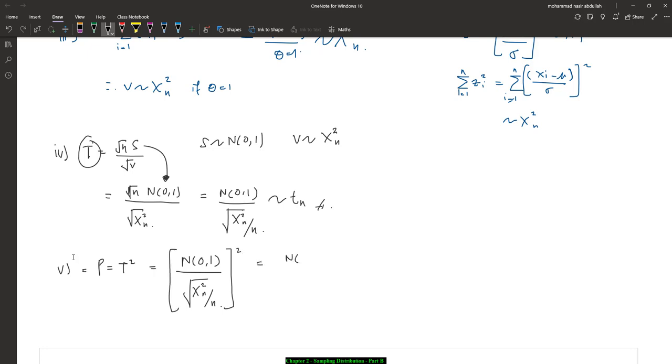So this one should be standard normal distribution squared over chi-squared with n degrees of freedom. So we know from theorem number 2, this one should be a chi-squared with 1 degree of freedom, right? So 1 divided by 1 tak tunjuk, tak apa. This is a chi-squared with n degrees of freedom. So this one should be F with 1 and n degrees of freedom. Okay?